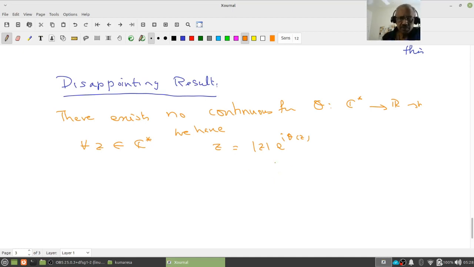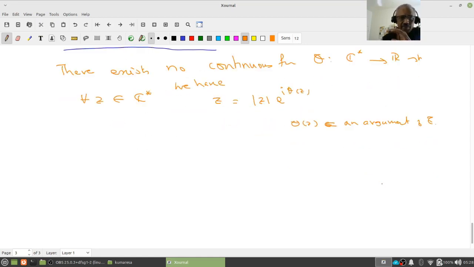If this happens, what does it mean? Theta of z is an argument. So what it means is whether I can choose a continuous argument. It says it's not at all possible.